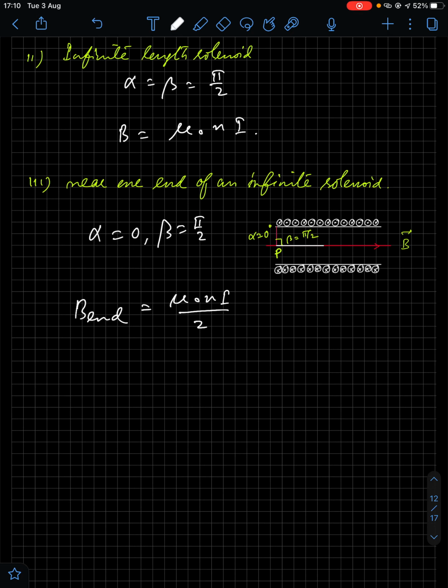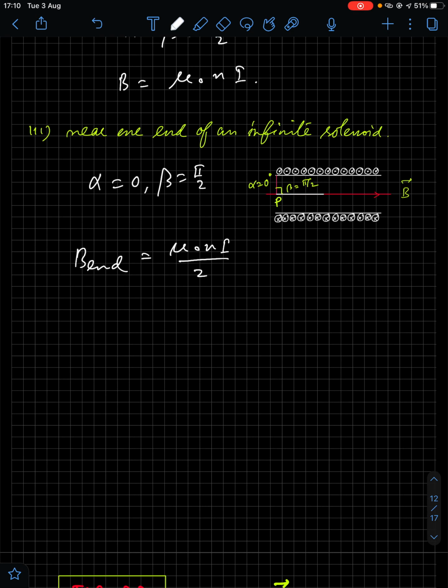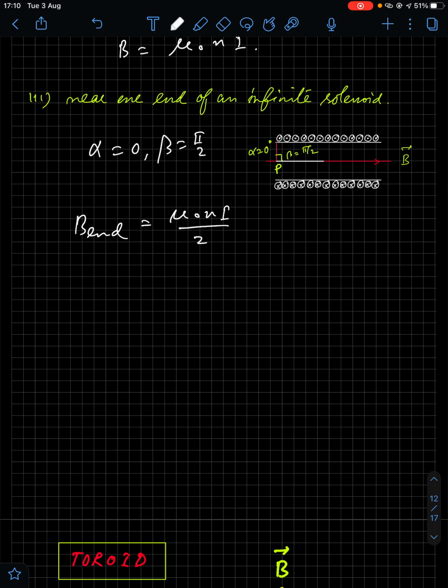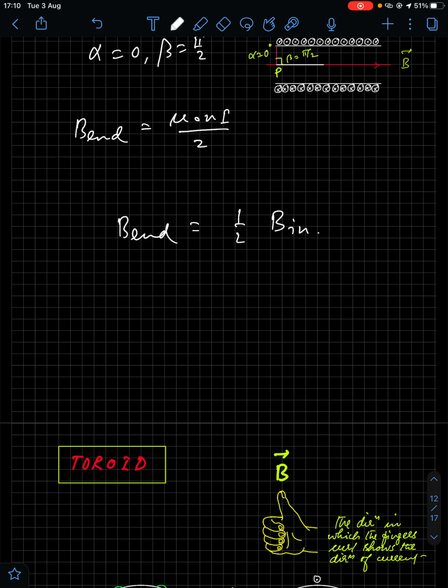Sin 0 will vanish and sin 90 will become 1, and therefore the final relation will be B equal to mu naught n I divided by 2. So from here you can understand one thing, that the magnetic field at the end of the solenoid is half of the magnetic field inside, whatever value was there inside.